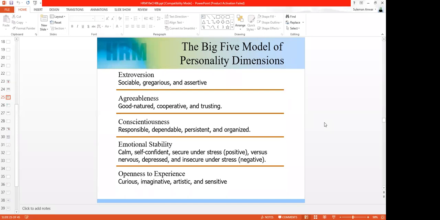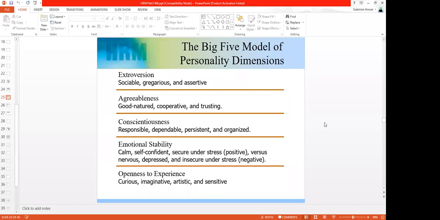Okay, so out of these 5 dimensions, we analyze different personalities and find out their scores related to extroversion, agreeableness, conscientiousness, emotional stability, and openness to experience. Now, what is its application in the job?